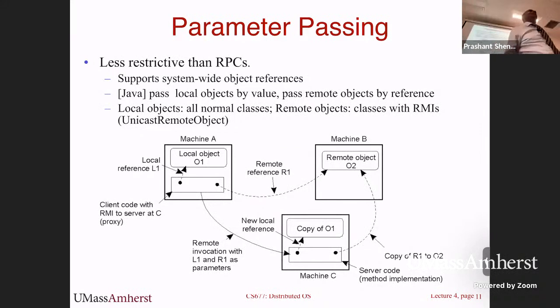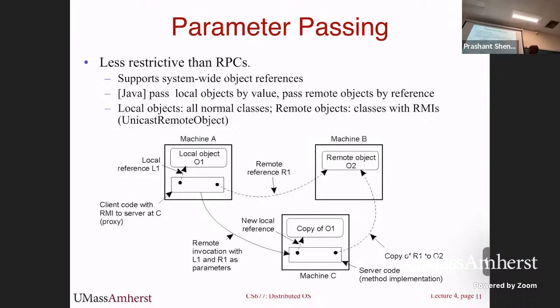It has to by definition reside on the server. Anything else that you pass to an RMI call will always be passed by value, whether it's an integer or an entire local object. So the default is still pass by value, except if it's a remote object. A remote object is a special class that you've written that accepts RMI calls. Those objects are the only things that you can pass by reference. That's the difference between the two.